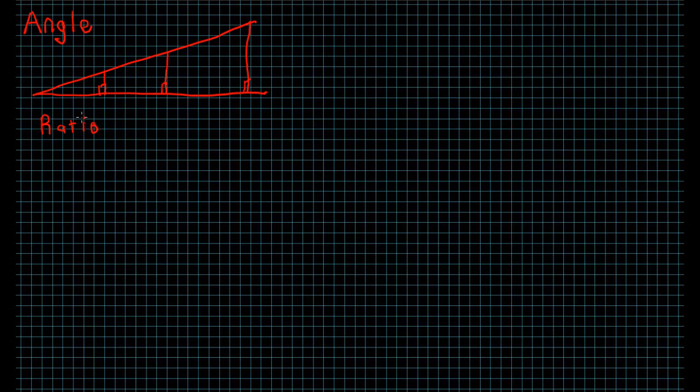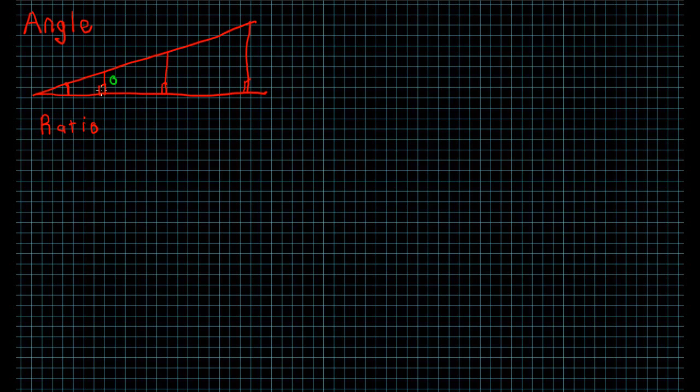And what man found in the olden times was that it's the ratio. Say here's our angle, right in here, just there. And we've got this side here sort of opposite the angle. We'll call that the opposite side.